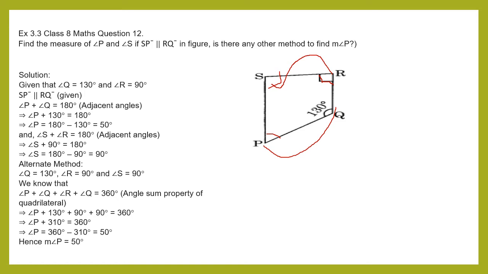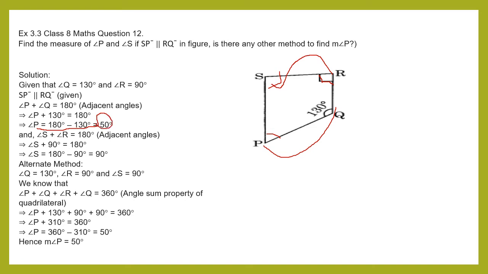So angle P plus angle Q, where we know the value of angle Q is 130 degrees, equals 180 degrees. Angle P is equal to 180 degrees plus 130 degrees transferred to the other side of the equation, which becomes minus 130 degrees. So angle P equals 180 degrees minus 130 degrees. 130 from 180 leaves 50 degrees.